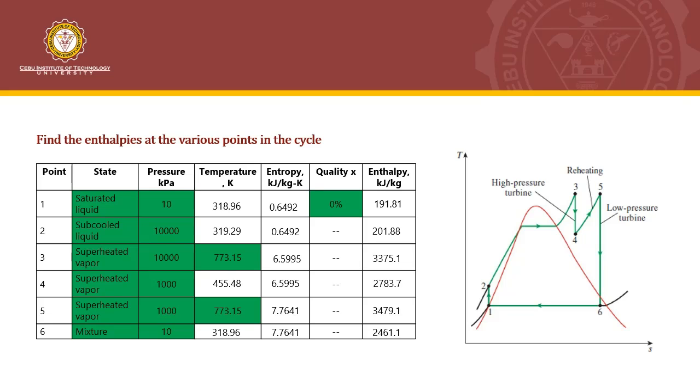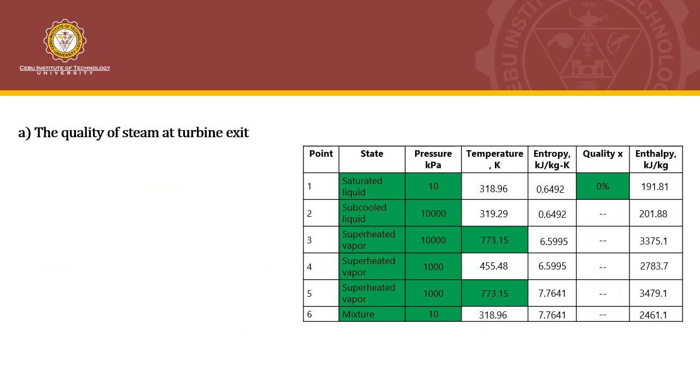Now that we already have the enthalpies at the various points in the cycle, we are now ready to get the properties, the quantities that are required in this problem. The first is the quality of the steam at the turbine exit. So when it says quality, it refers to the value of X at the turbine exit.